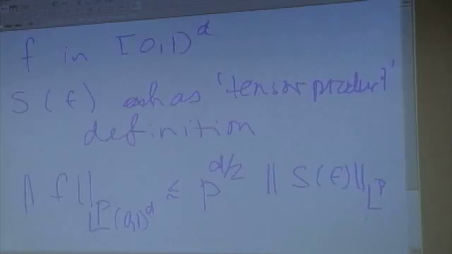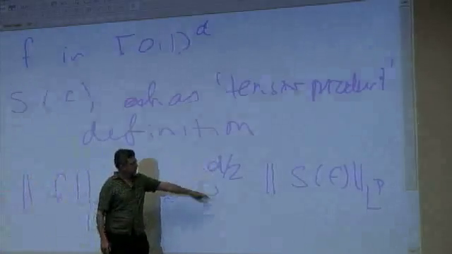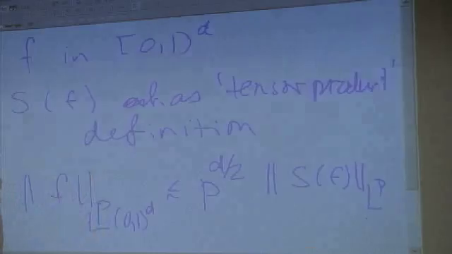And then the important point for us is that in L^p of [0,1]^d, the norm of f is less than p^(d/2) times the norm of S(f) in L^p. So since you're in a d-fold tensor product setting, the behavior in p is like this.